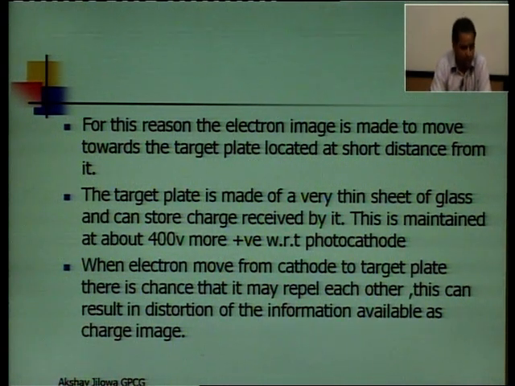If two electrons are moving simultaneously from neighboring areas, as both of them are negatively charged particles, a force of repulsion will be there, and when they are repelled, their trajectories will be altered.